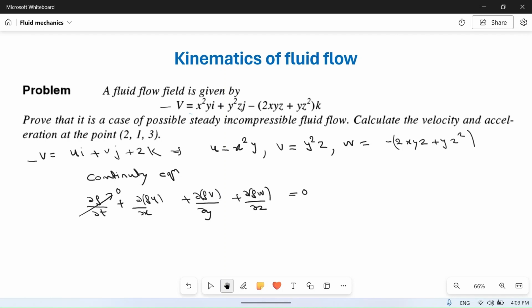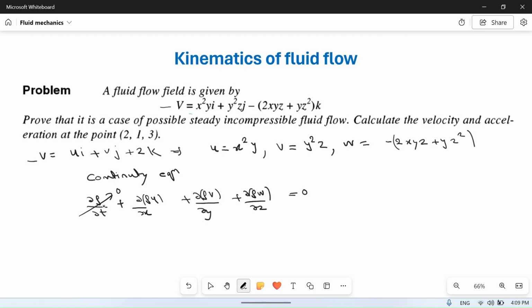If it is incompressible flow, then ∂ρ/∂t becomes 0, because the density will be constant with respect to time.